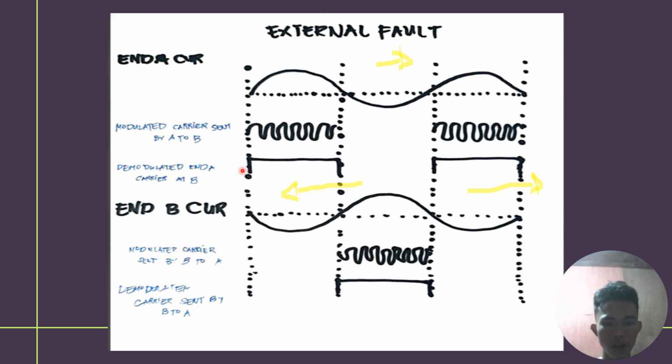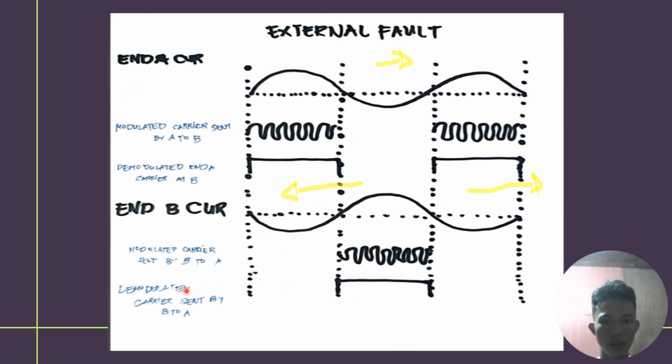So here, as you can see, it is a square waveform. And also here, the demodulated carrier signal sent by A to B will have this type of signal.